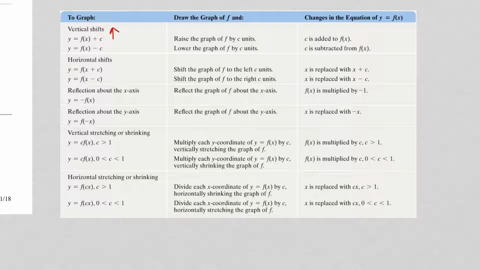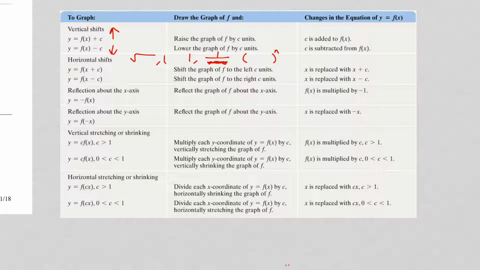Vertical shifts: if it's positive c, it goes up so many units. If it's negative c, it goes down. If it's positive c inside the parentheses or the grouping symbol, which could be radical signs, absolute value signs, a rational function, different areas, and of course parentheses with some type of power.